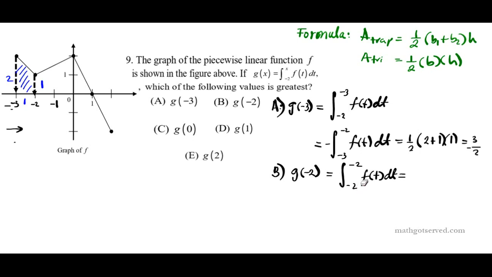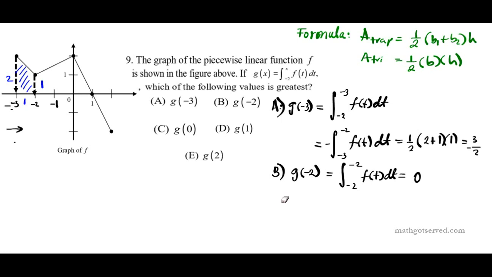Whenever you multiply 0 by whatever your base is, in this case you have two identical bases of length -2, when you multiply that by 0, you end up with 0. Anytime the limits of a definite integral are identical, the resulting integral value is 0 because you're not covering any area at all. So that's the size of g of -2, option B.